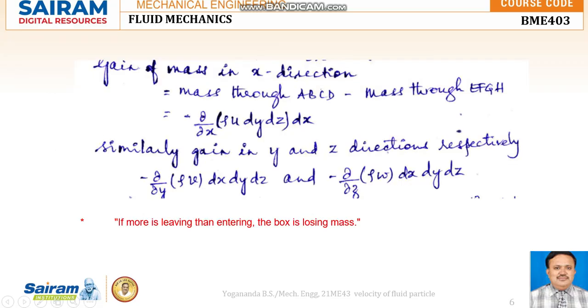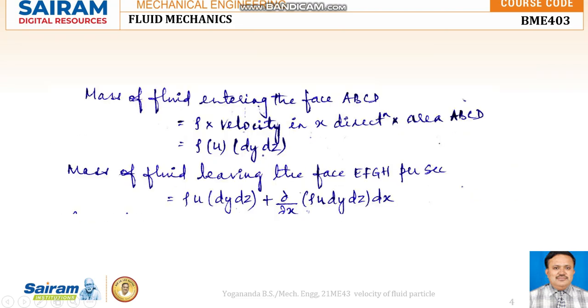So the gain of mass in x direction is the mass entering on the left hand side, that is ABCD, and the mass leaving the face EFGH, the difference of these two. That is mass of the fluid entering the face ABCD minus mass of fluid leaving the face EFGH.